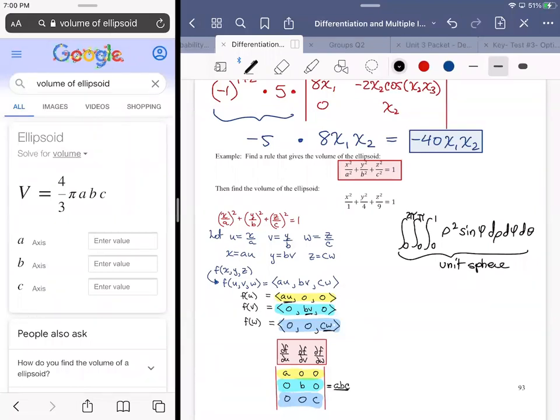If you multiply that by the multiplier associated with the Jacobian for the vector valued function for an ellipsoid, then what you end up getting is the volume of that ellipsoid.